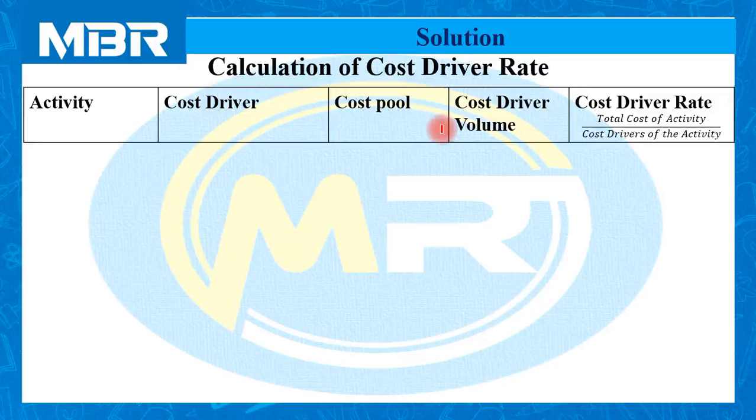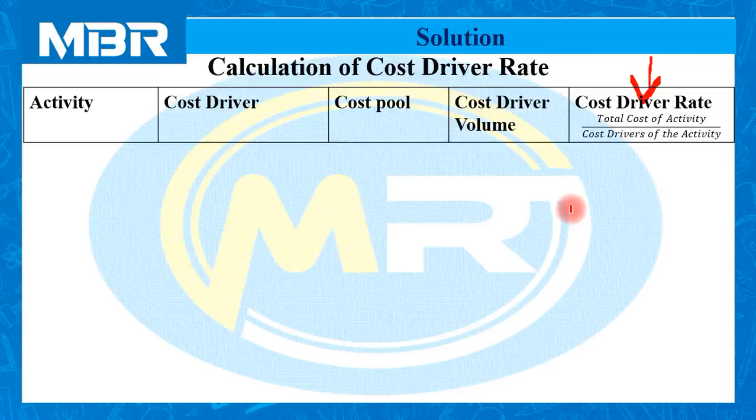And last, the cost driver rate. Cost driver rate is the rate of recovery that we use to apply for the calculation of the cost. The formula for the calculation of cost driver rate is total cost of activity divided by cost drivers of the activity.